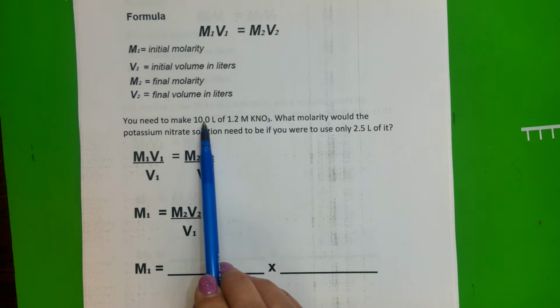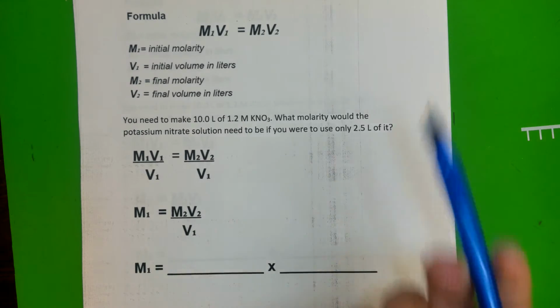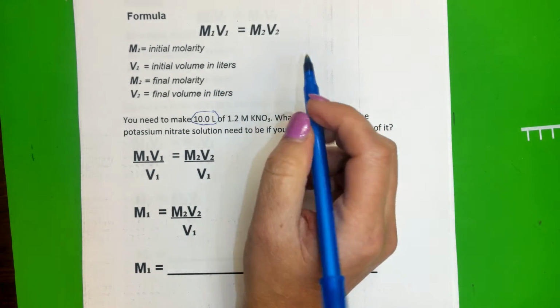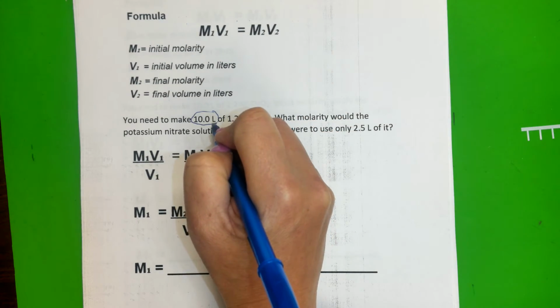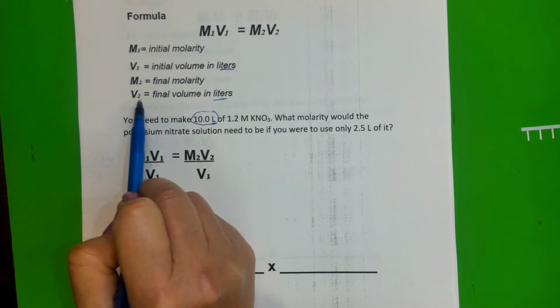For here, we need to label every single number that you see in the word problem. First are your givens. Your given is your 10.0 liters. Just by saying L, that means it's liters, so it's either V1 or V2.